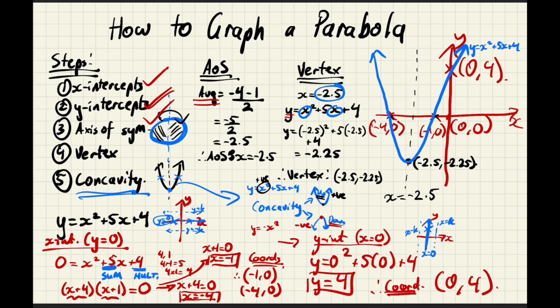We find our vertex by taking what our axis of symmetry was and substituting it in for x in our quadratic equation. And then we find the corresponding y coordinate and we plot it down here. And then finally, we can think about concavity in terms of, is the parabola concave up or concave down? And that will help us think about whether we've got all our points correct. So that is how you graph a parabola in 5 steps.